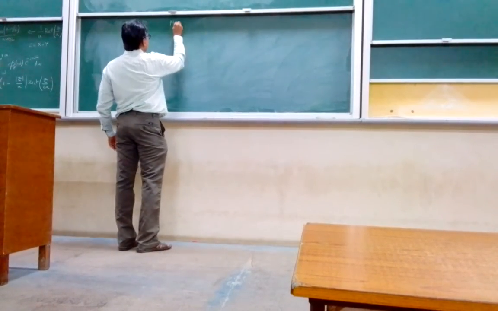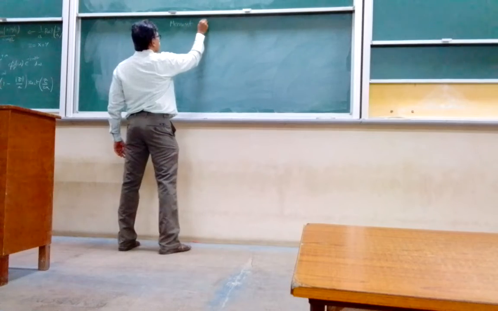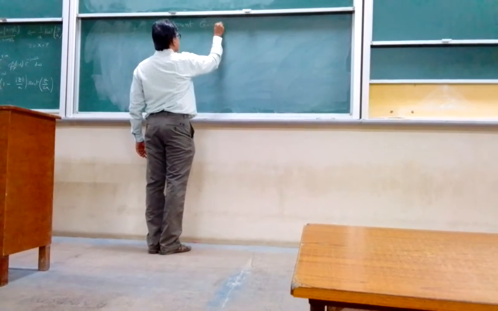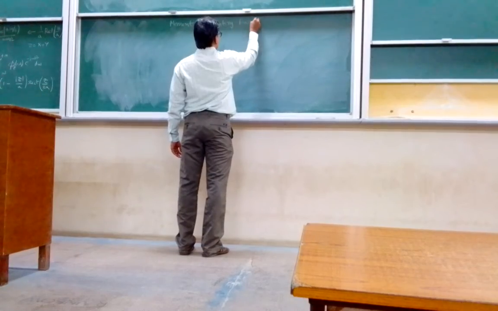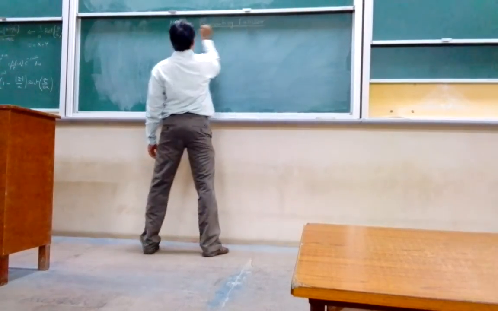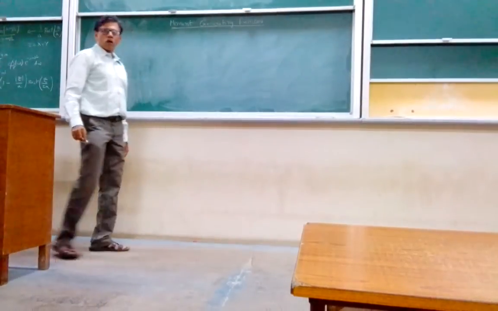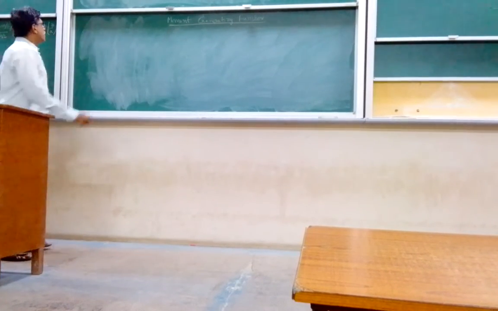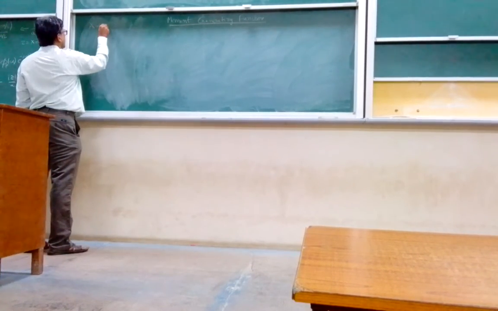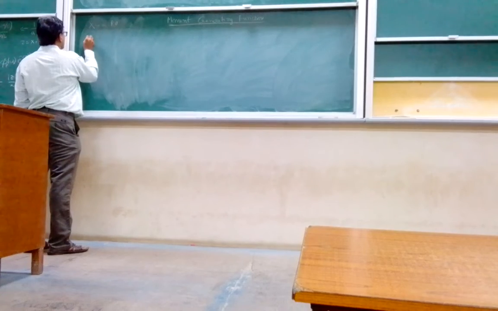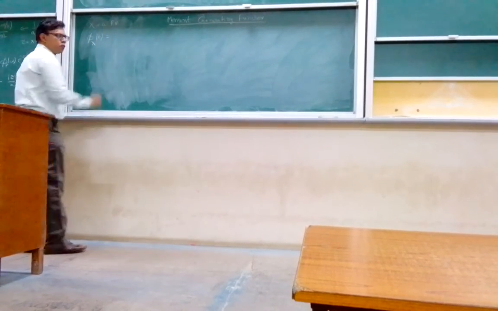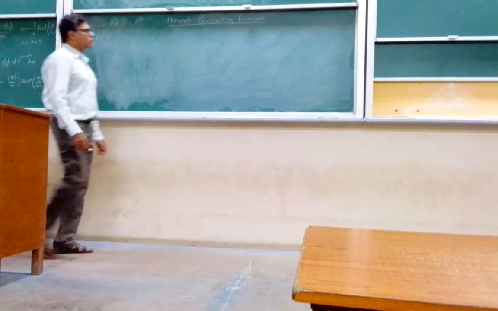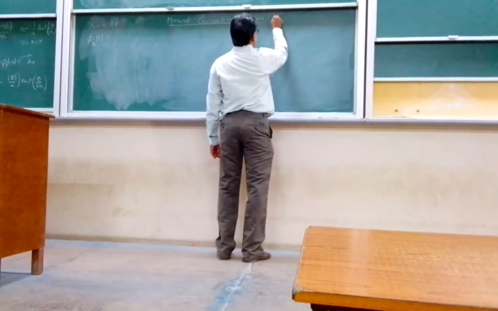Moment generating function. For a random variable X, psi_X of t is how we denote the MGF, the moment generating function.